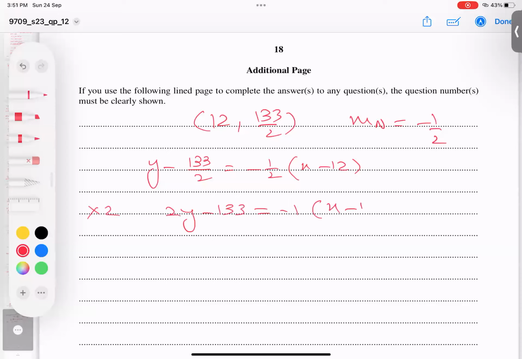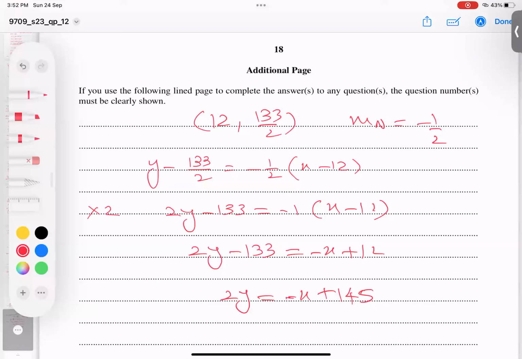So 2y minus 133 equals minus x plus 12, and 2y is equal to minus x plus 12 plus 133, which is 145. So yeah. Wait a minute. Yeah, just recheck it, but it's correct.